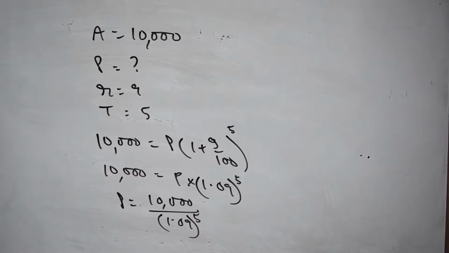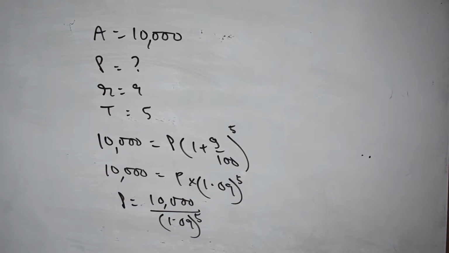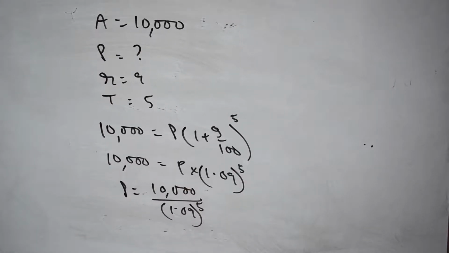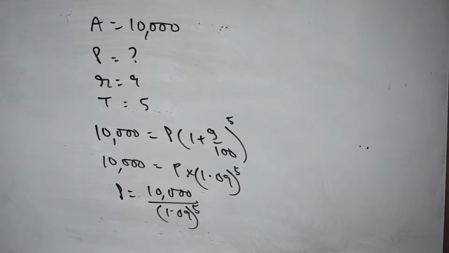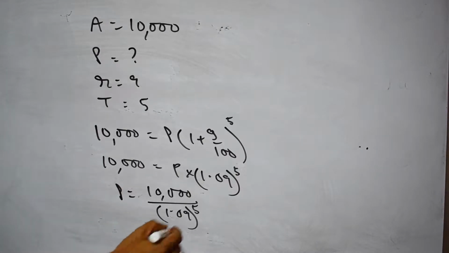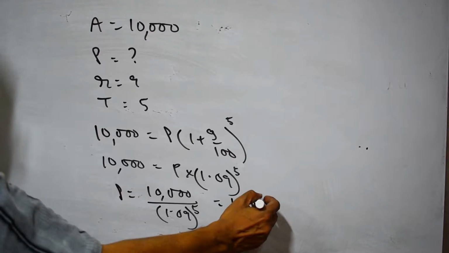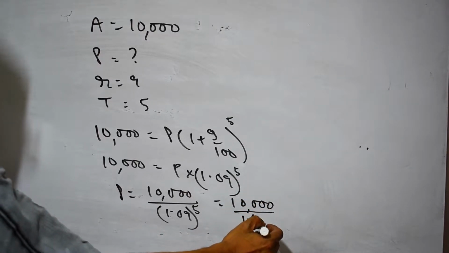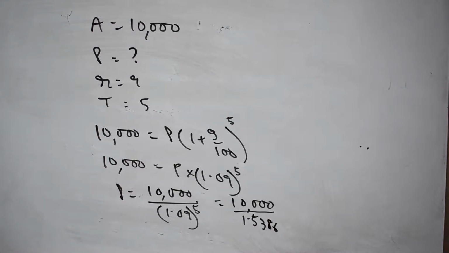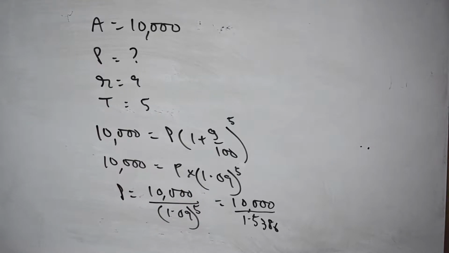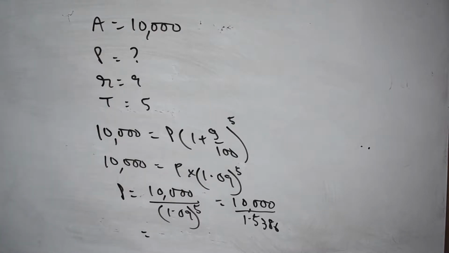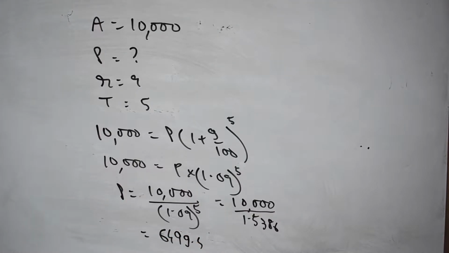We multiply 1.09 five times, and the multiplication leads to 1.5386. Then we divide 10,000 by it, and the result is 6499.4 approximately.